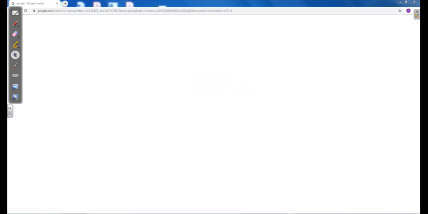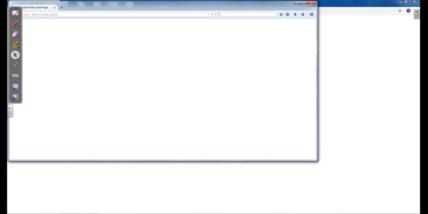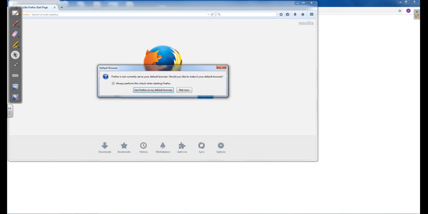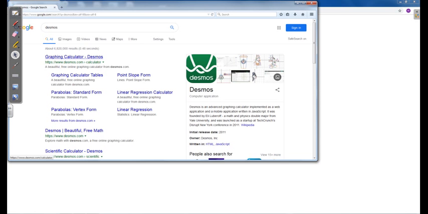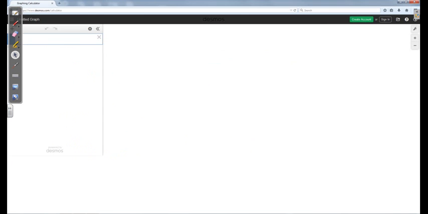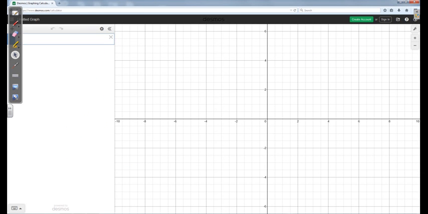I don't know what's going on with the internet. There you go. So it should look like this. The app is a green icon with a graph on it.